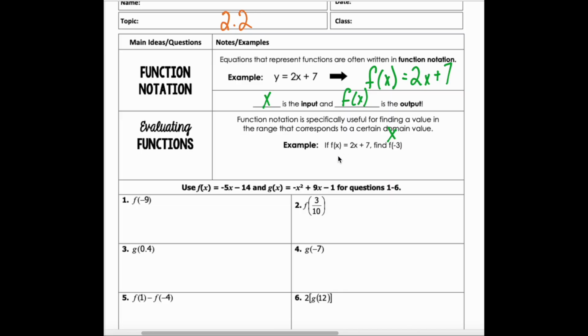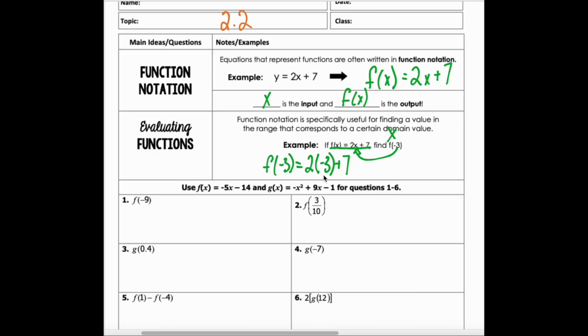So they're saying find f of x equal to 2x plus 7 and find f of negative 3. They're saying find the answer to this function when the input is negative 3. So you're going to rewrite the equation. We have f of negative 3 equals 2 times negative 3 plus 7.